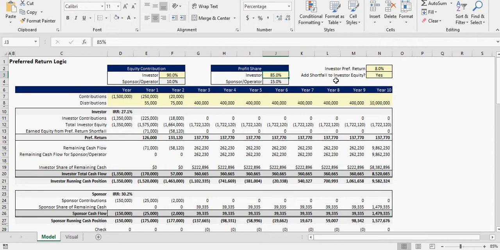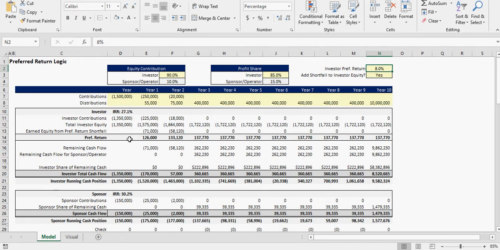Now, this is a lot less complicated and more straightforward than the waterfall model with internal rate of return hurdles. This is just simply saying, okay, the investor is going to get X percent of return on their equity each year. And that's not an internal rate of return, if that gets confusing. I know it kind of is, but this is just the nominal return on equity per year.